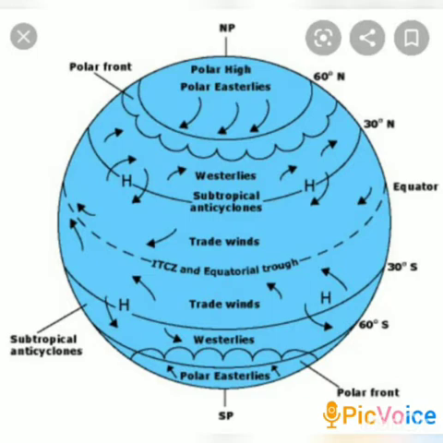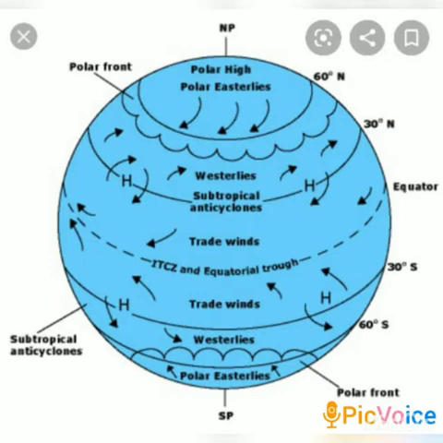The places near the equator receive maximum heat energy from the sun. The air at these places gets heated up, becomes lighter, and then rises, and thus leaves a low pressure area behind it.